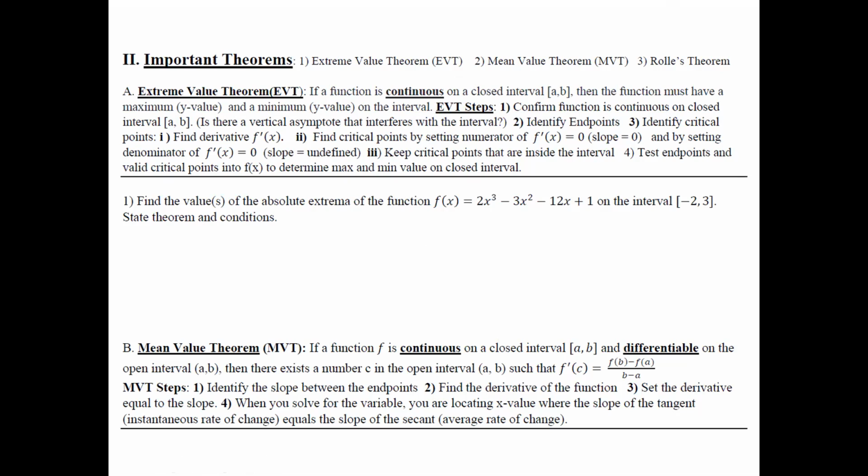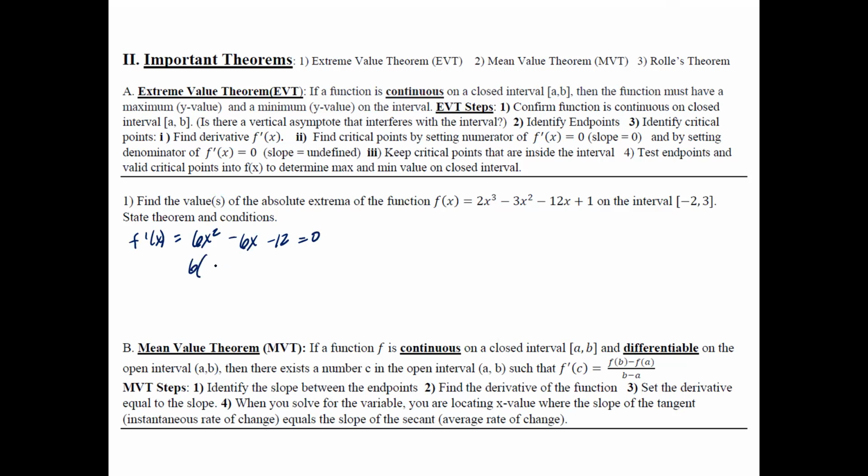Okay, so it's this number 1, find the value of the absolute extrema with this function on the interval -2 and 3. State the theorem and the conditions. Okay, so looking at this right here, if I find the first derivative of f of x, I'll have 6x squared minus 6x minus 12 equal to 0.